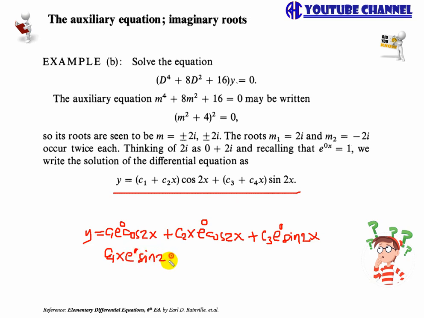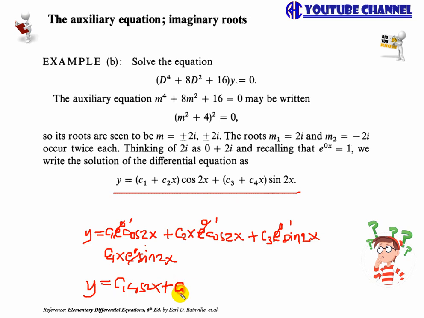Sine 2x. Then, lahat ng variable number na may exponent na 0, that is equals to 1. So, pwede ko yan isulat sa C1 cosine 2x. Medyo pumapangit na yung sulat. Mahirap kasi pag mouse lang.